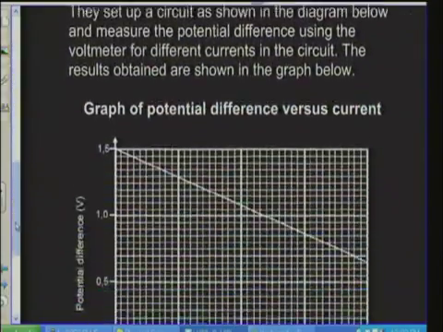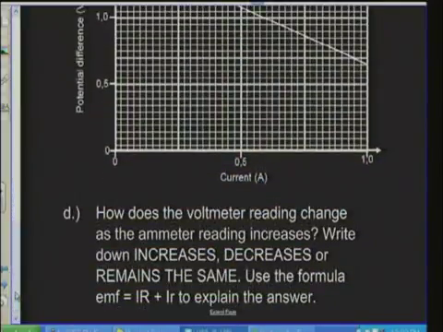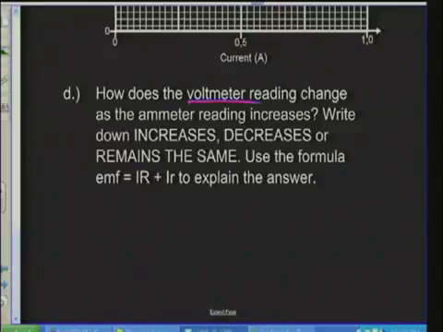Next, how does the voltmeter reading change as the ammeter reading increases? Write down increases, decreases, or remains the same. Use the formula EMF equals IR plus Ir to explain your answer.